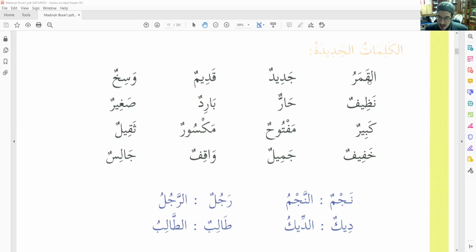We have al-qamaru, yet down here we have a shadda on top of the noon in najm, a shadda on top of the ra in rajm, on the ta, on the dal. So what we need to know is what on earth is going on here, and how on earth do we pronounce this?